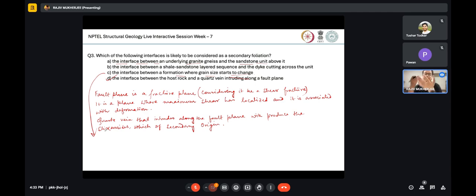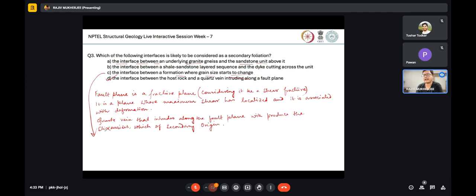If it was initially coarse grain and then transitions to fine grain, that means the energy of deposition is changing. The depositional environment is changing, and we are depositing a new phase of sediments. So it is obviously a new bed within a formation, right?